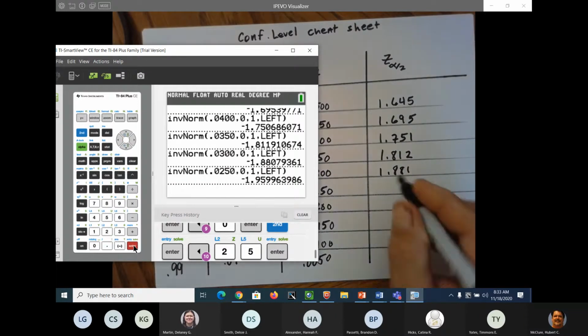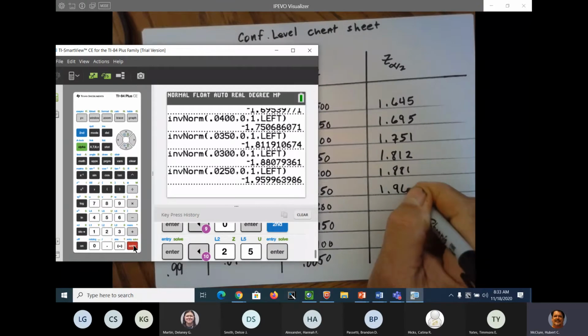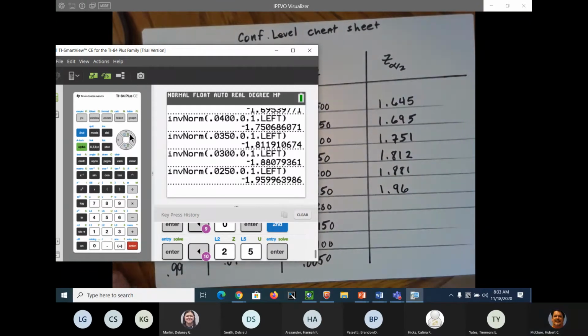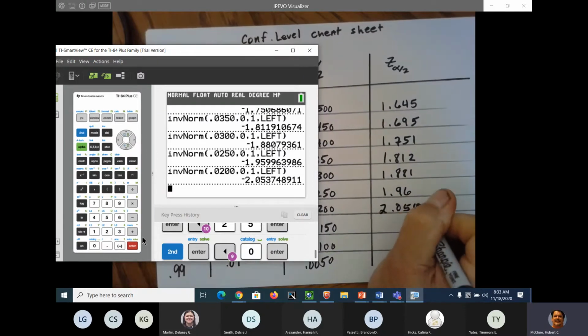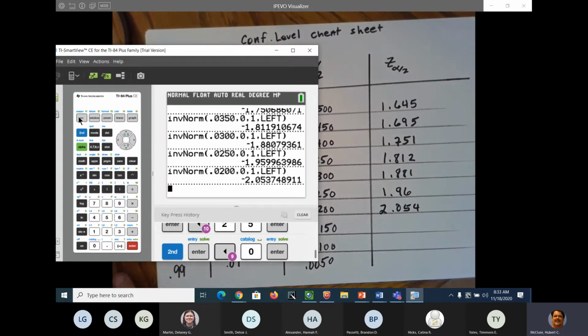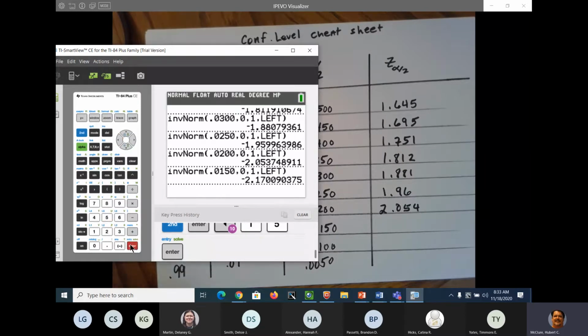That's 1.96. Zero, zero. Then 2.54, and 2.17.